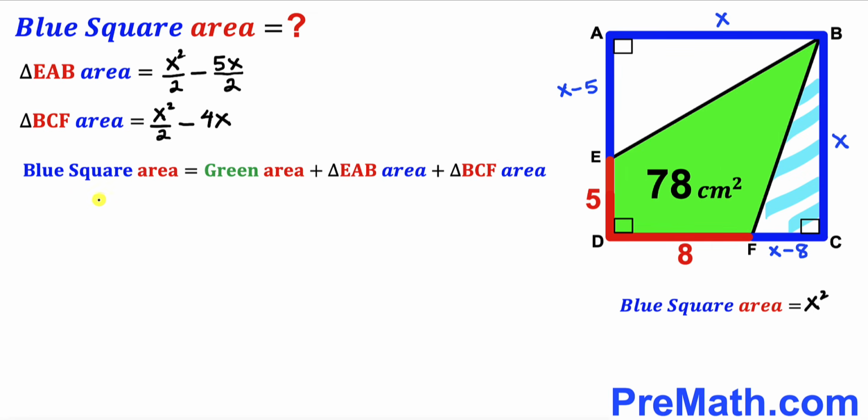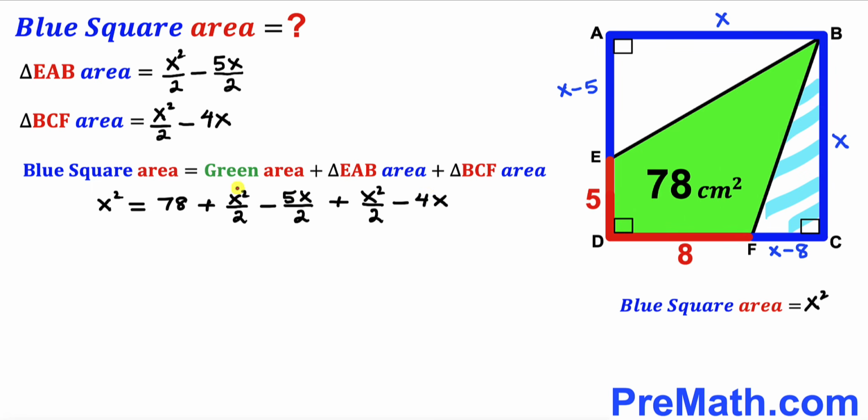So x squared is equal to 78 plus x squared divided by 2 minus 5x divided by 2, plus x squared divided by 2 minus 4x.